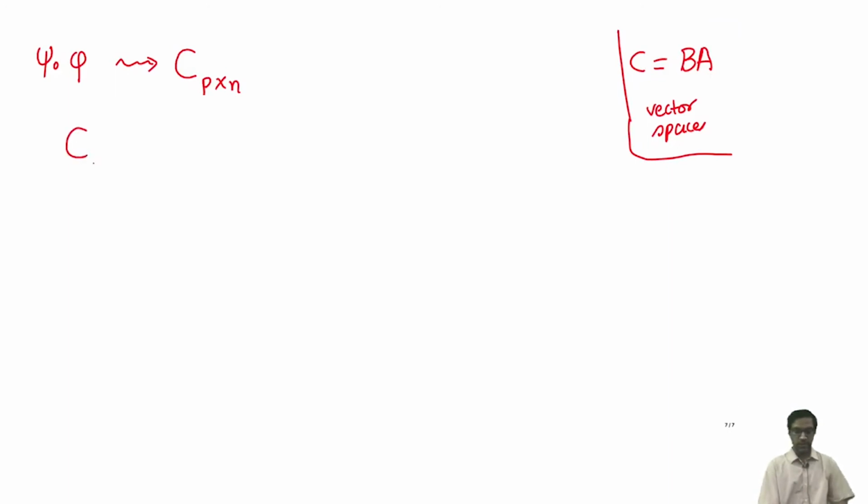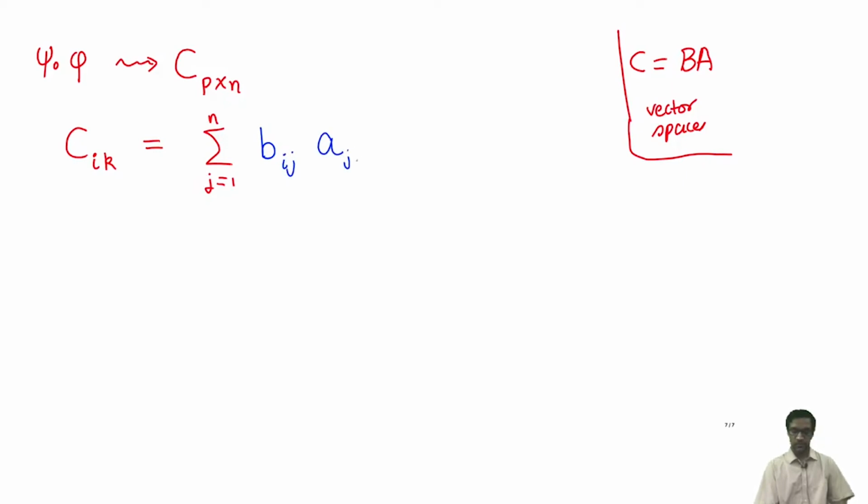So this matrix C that you have, the elements of this matrix are the following: Cik, the kth column, ith entry is the sum j going from 1 to n, and it's almost what you would expect. In the case of vector spaces, you would have expected the following: it's B times A, so you would have written Bij times Ajk.